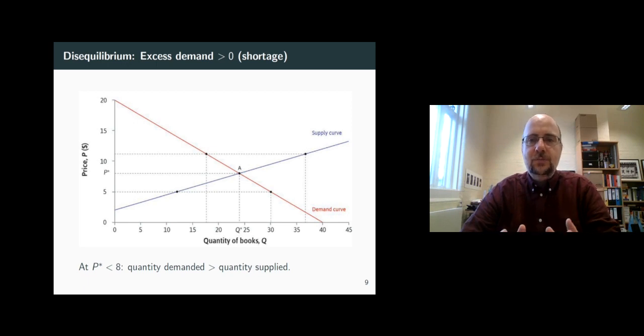To sum up, the reductionist definition of equilibrium is a price and a quantity for which there is no excess demand or supply. In other words, a price and a quantity for which there is market clearing. However, there is more to equilibrium than just market clearing. We saw that what underlies demand is the consumer's willingness to pay, which in turn is driven by the consumer's marginal utility.